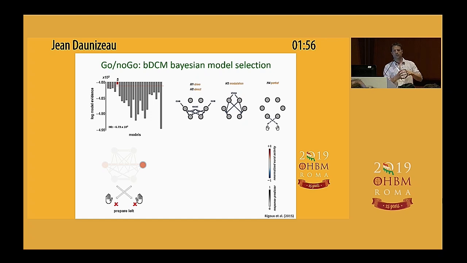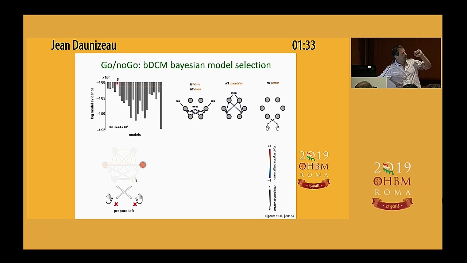Now, we've inverted the model, and we just look at its prediction as a trial unfolds. So when we ask people to prepare a left-hand movement, this is premotor cortex right, premotor cortex left, this is DLPFC left, right, M1 left, right.